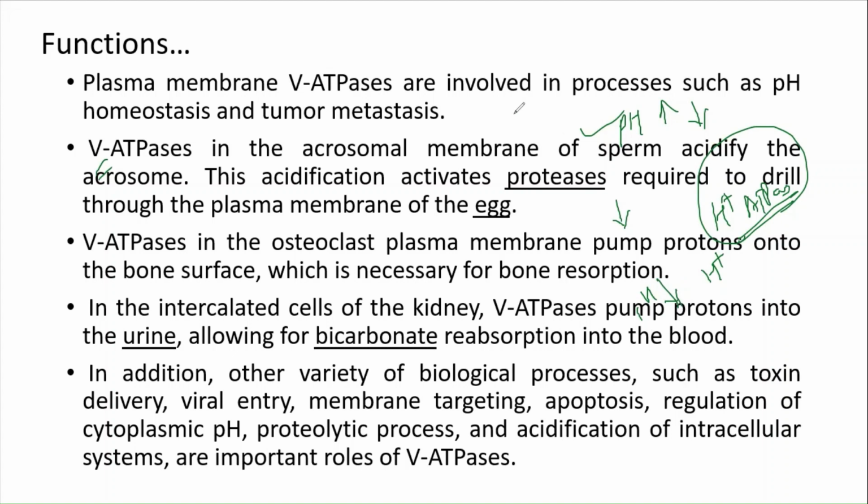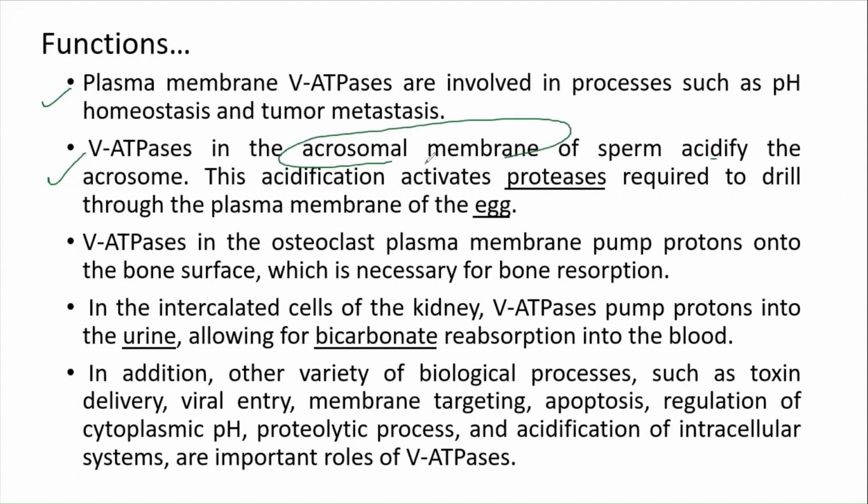Okay, so V ATPases in the acrosomal membrane. This is another example; one example I have already given. In the acrosomal membrane of the sperm, they acidify the acrosome. This acidification activates proteases, which are required to drill through the plasma membrane of the egg. So guys, I hope you know what the acrosomal membrane of sperm is. If you have seen, we have got the egg over here.